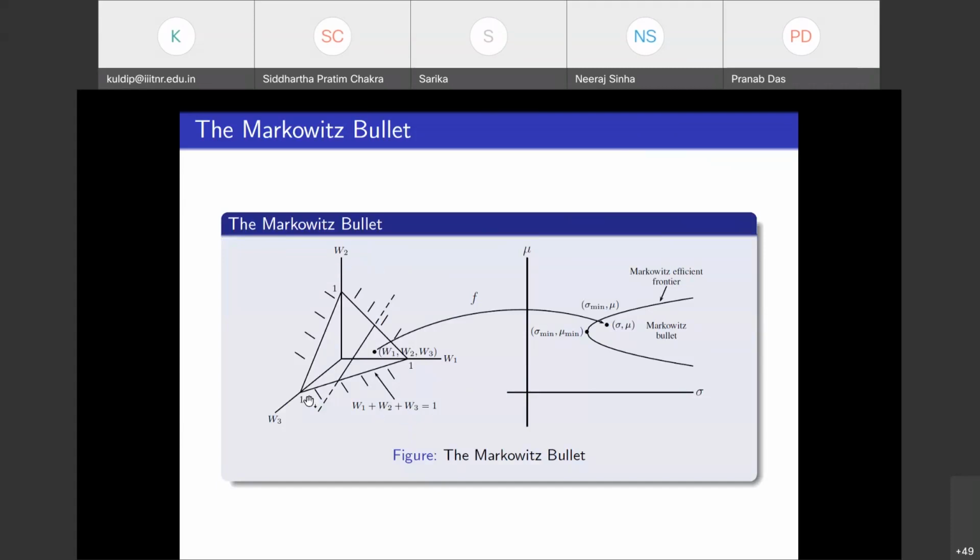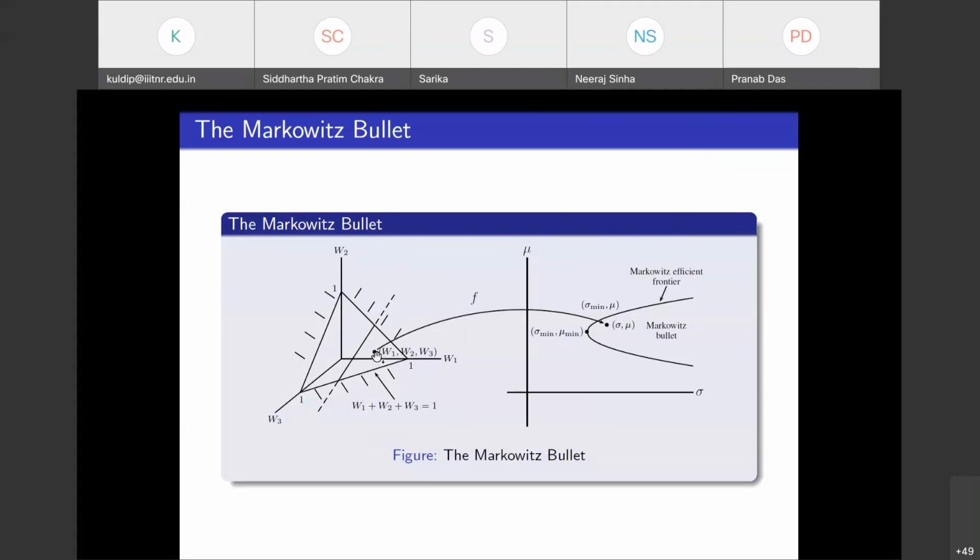Now I consider this combination of weights W1, W2, W3. Now, what is going to be the surface where W1 plus W2 plus W3 equals 1? It is going to be this surface. So any combination of W1, W2, and W3 is going to be from this surface, and for each combination of W1, W2, W3, I will have a corresponding sigma mu.